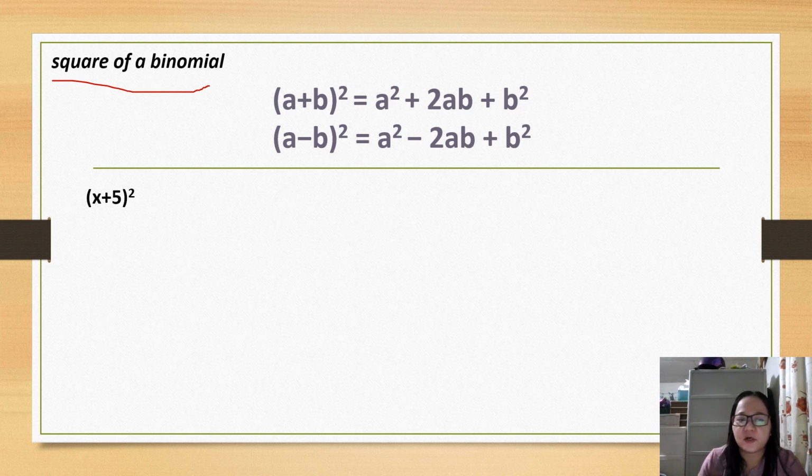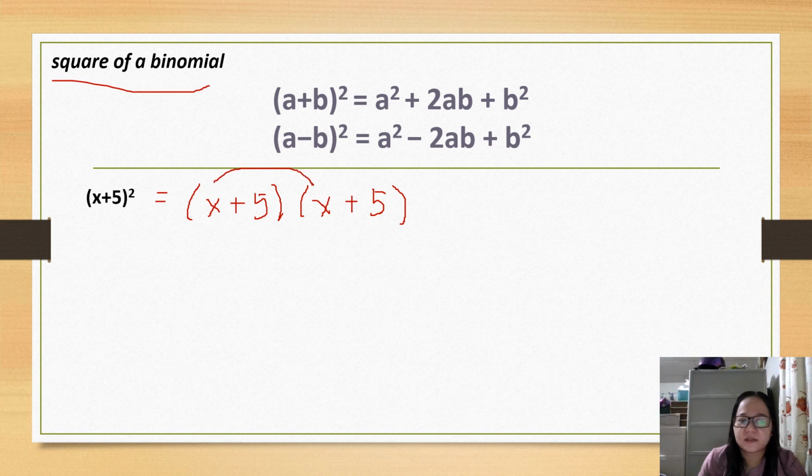In squaring a binomial, say for example, we have quantity x plus 5 raised to the second power. We can use the long method, which is the FOIL method. First, we expand. This is the same as x plus 5 times x plus 5. And then apply the FOIL method.